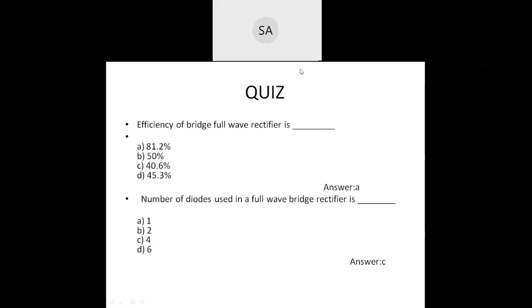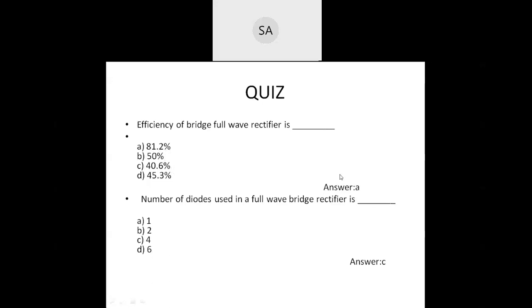Next one: the efficiency of the bridge full wave rectifier is. Among these four options, we have discussed only the half wave, bridge and center tap full wave rectifiers. 81.2% and 40.6% appear, but 50 and 40.3% do not occur in any rectifier. 40.6% is the efficiency of the half wave rectifier, so obviously 81.2% is the efficiency of the bridge full wave rectifier.